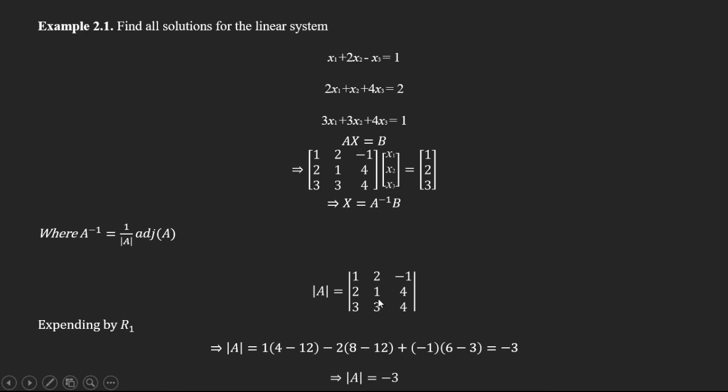Then 2, and ignoring that column and that row, we get 2 4s are 8 and 4 3s are 12, minus 12. Plus, again the position of that entry is 1 3, and 1 plus 3 is 4, which is even, so we write a positive sign, and minus 1 is that entry. Ignoring that column and that row, 3 2s are 6 and 3 1s are 3, 6 minus 3. So the determinant of A is minus 3. We will note it.